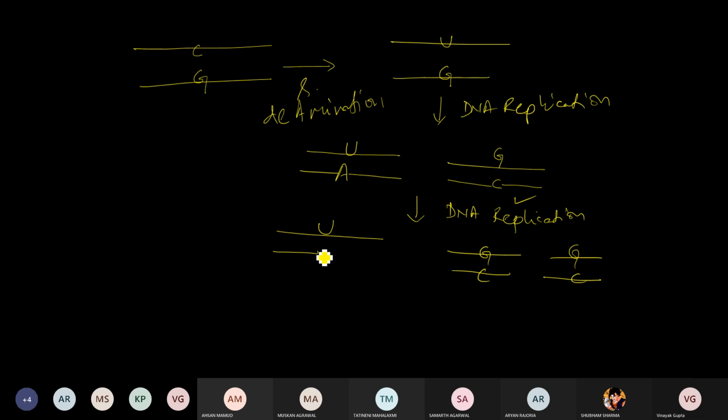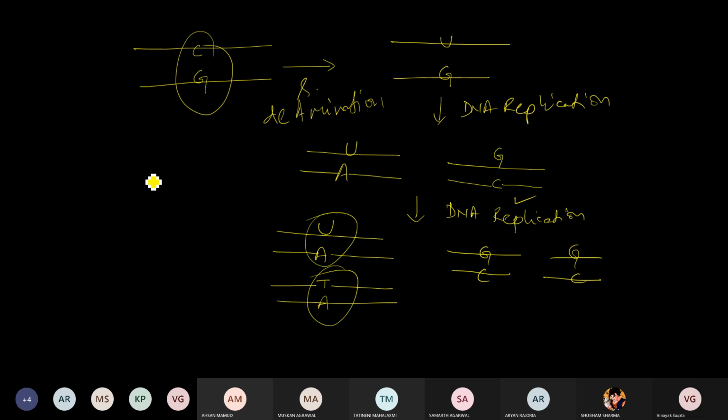Opposite to U, again we will be having A. And for the second strand where we have A, opposite to that we will be having T. So you can see that initially there was CG, now we have AT. Here also mutation is there. CG to AT. Or if initially it was AT, you will end up with CG.